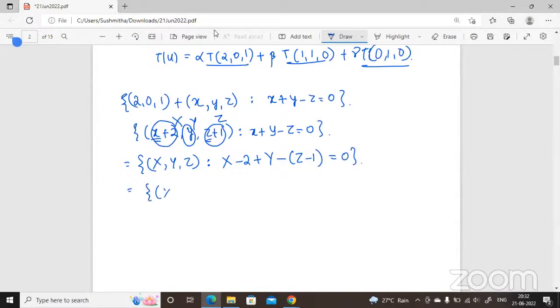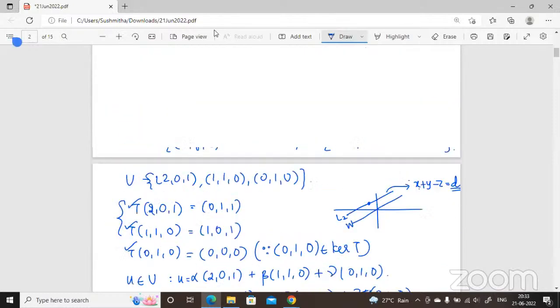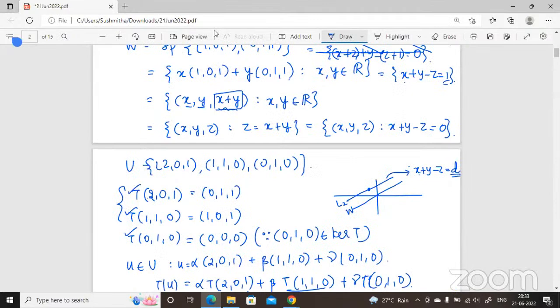So now this is the set of all x, y, z such that x plus y minus z is equal to 1. Now is it clear? Yeah, ma'am. Right. This is L2. But the easiest way is this, the translation.